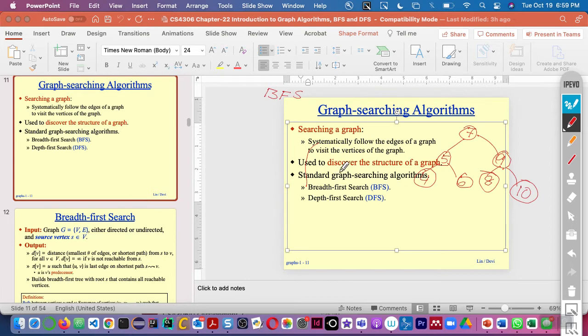This is actually like traversing. Remember the three kinds of traversal for a tree: in order, pre-order, and post-order. So here BFS is pre-order traversal, like a pre-order traversal.